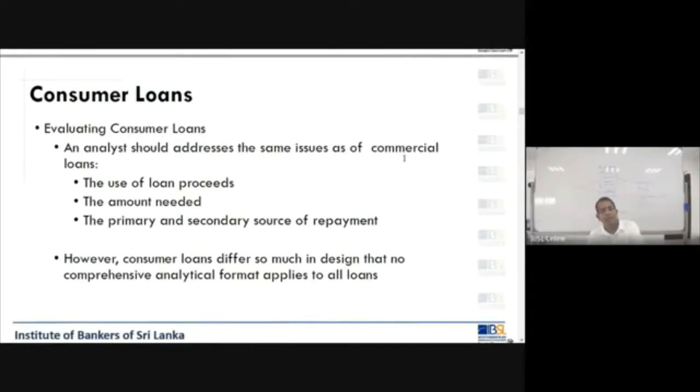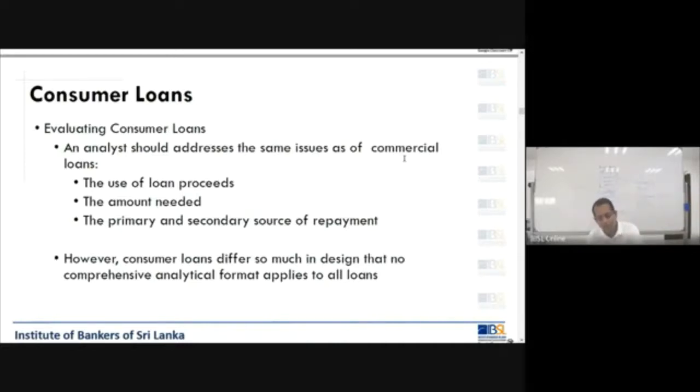Evaluating consumer loans is the same as commercial loans. We should know the purpose. We should know the needed amount. We should know how he is going to repay, right? Commercial loans are normally based on cash flows, predicted cash flows, whereas personal loans are based on the known cash flow, basically salary.